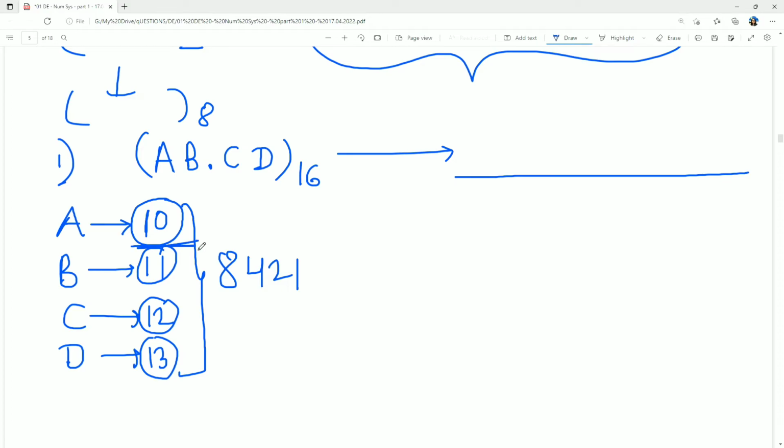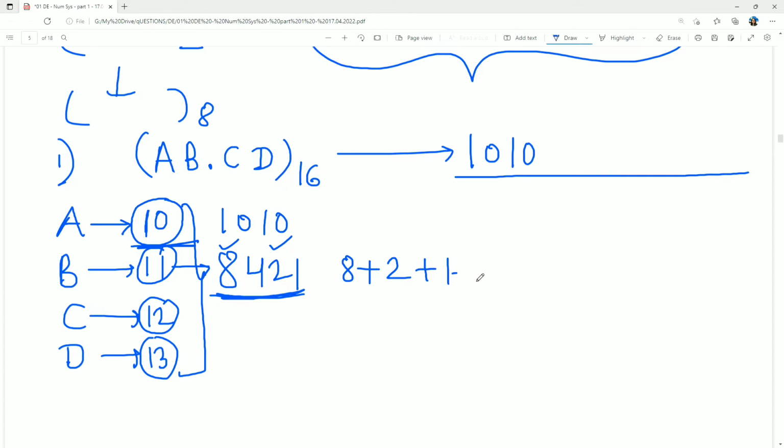For 10, using the 8421 concept, 8 plus 2 gives you 10. So 1010 is the binary representation for A. Similarly for 11, when I add 8 plus 2 plus 1, I get 11. So I can write that 1011 is the binary representation for B.